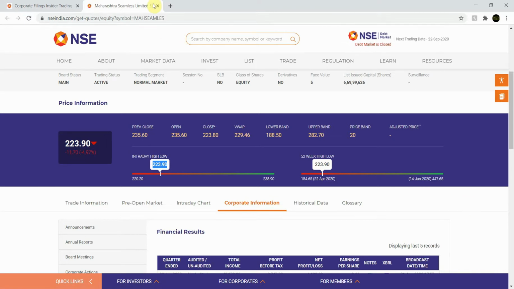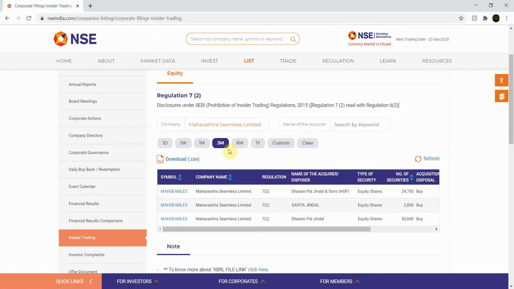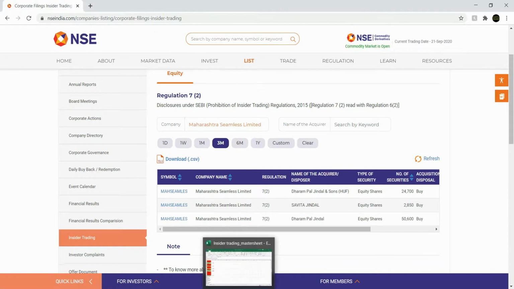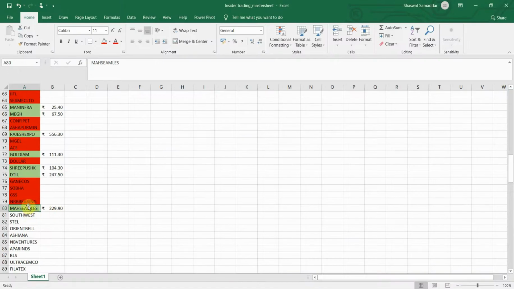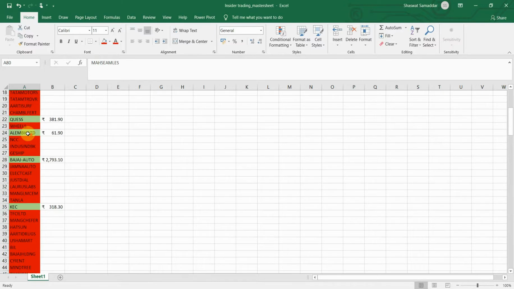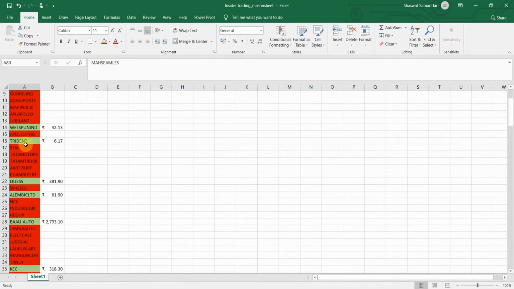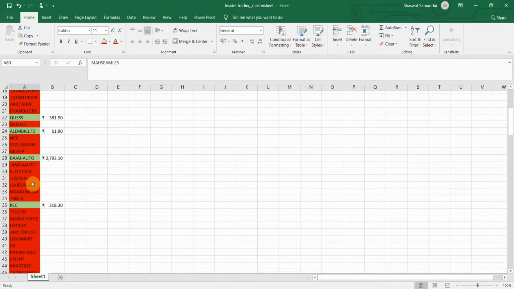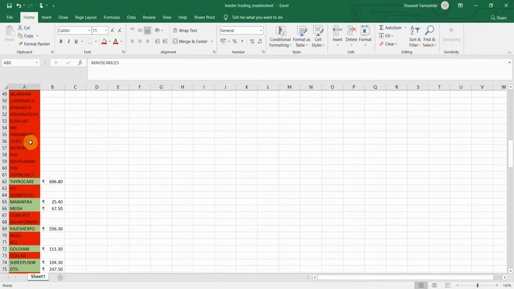Okay, so let's just close it now. And of course, it's going on to my swing trading watch list because it has satisfied all the criteria. Actually, all the stocks in this worksheet, which have been color coded as green, are going to be on my swing trading watch list.